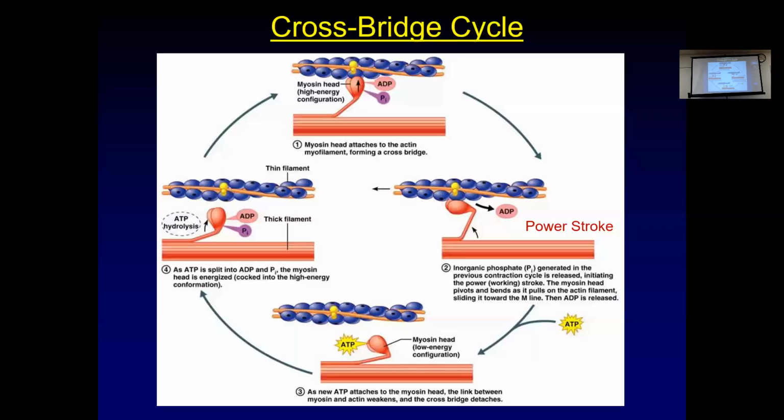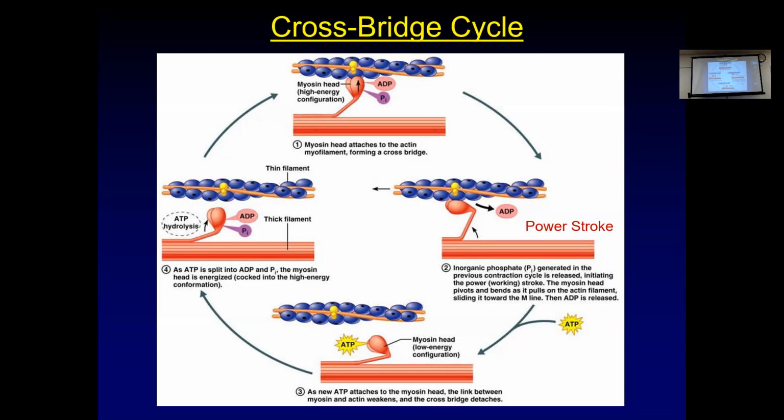So the myosin is sitting there, and it grabs on. Well, when that happens, there is a molecule of ADP and a molecule of inorganic phosphate that are bound onto myosin right here, okay?